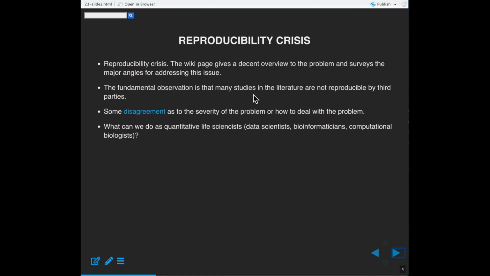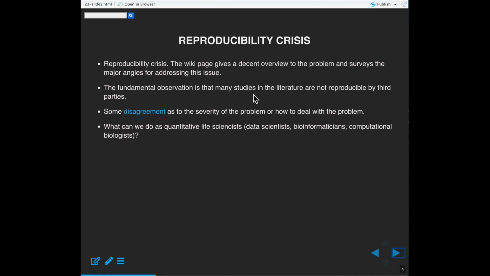It's just not at all feasible. It's obvious, right? So how can a reviewer or a third party in general, after the paper's been published, have any hope of reproducing that study? I mean, the material itself has been used, so you can't sequence the same patient twice, for example, and it's very expensive projects to begin with.